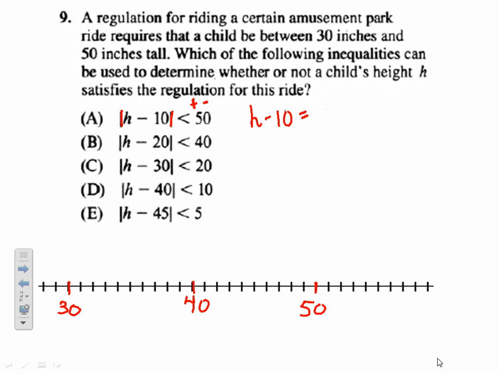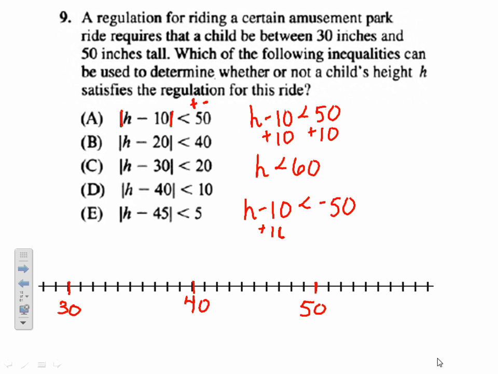H minus 10 equals 50. So that means, oh, I'm sorry, I'm going to reproduce the inequality symbol, is less than. So then that means H is less than 60. And then if we set it equal to the negative of 50, then we get H is less than negative 40.